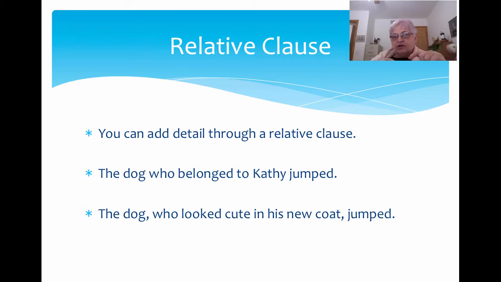It's a dog that belongs to Kathy. That never changes. Because who belonged to Kathy is what we call a restrictive clause, it's going to attach right to dog, and we don't need commas.